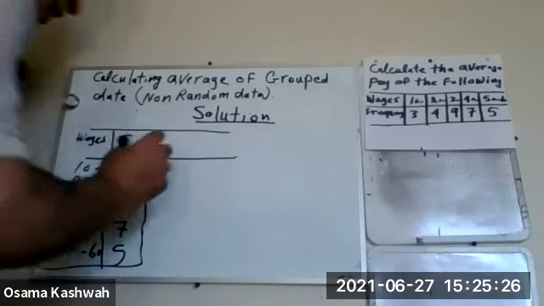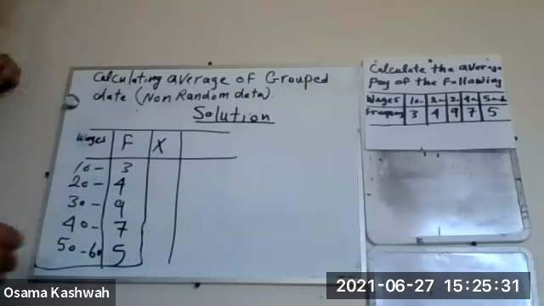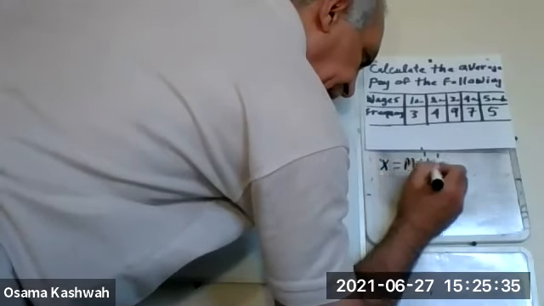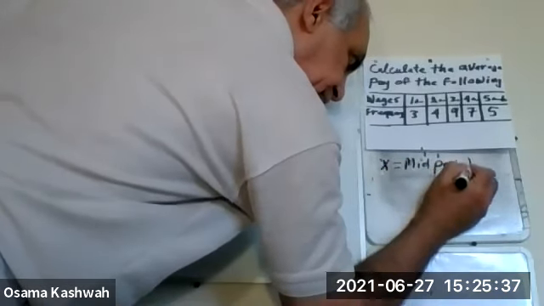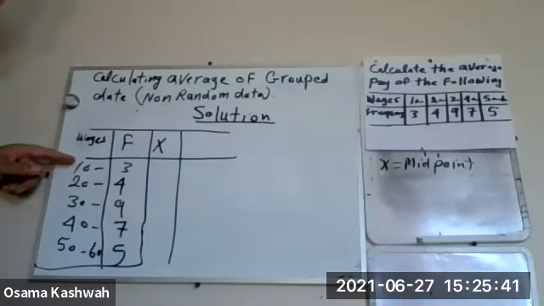The midpoint, we'll call it X. X is the midpoint. So what is the midpoint? The midpoint is the start of the denomination plus the end of the denomination, divided by 2.